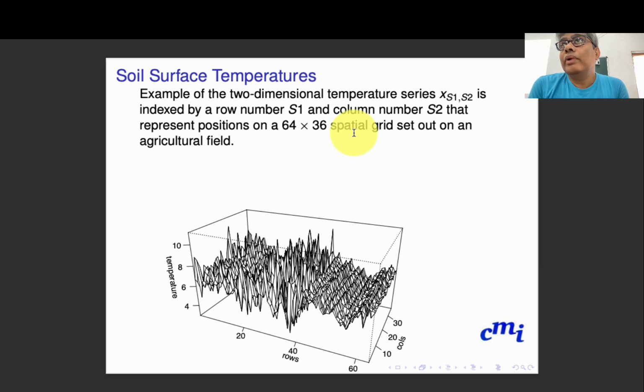You take an agricultural field and create a grid, and in each grid cell you measure the temperature.